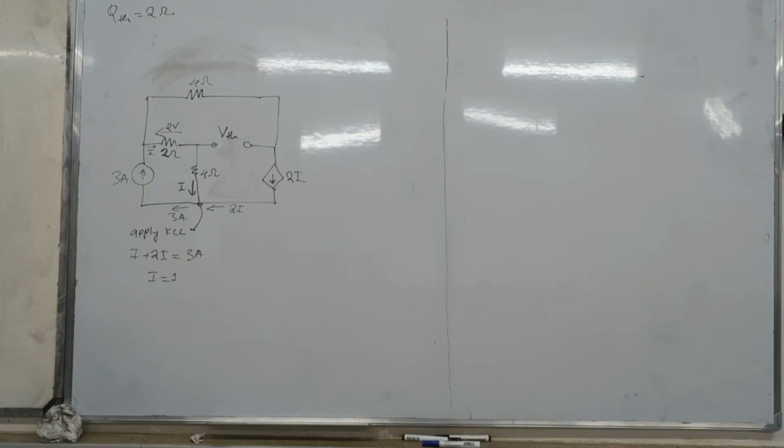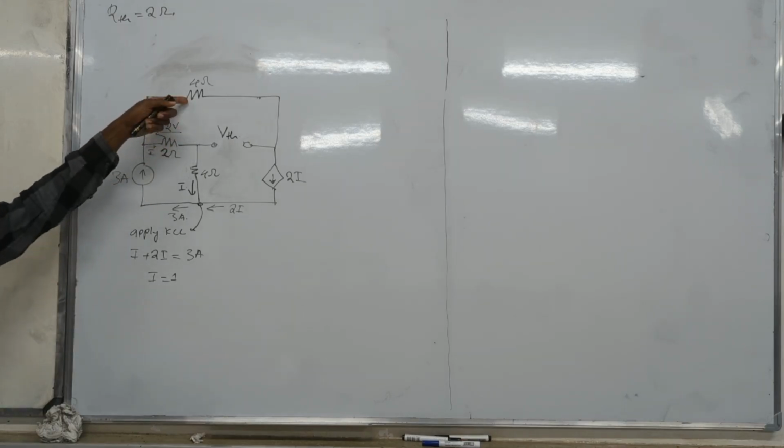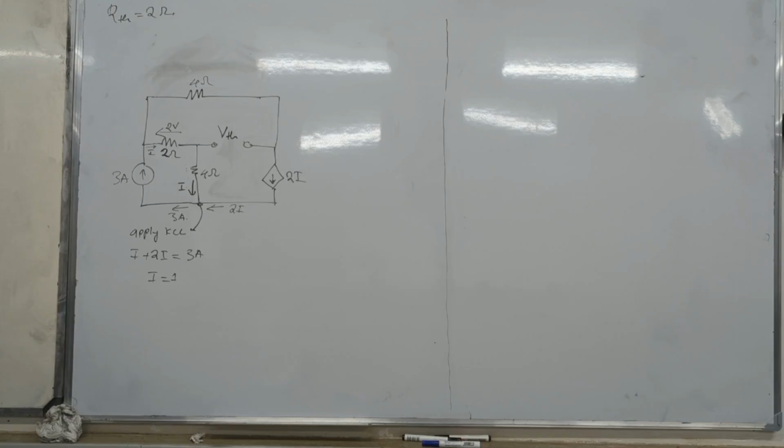Through 4 ohms. So yes, what's the current which is flowing through the 4 ohms? The current which is flowing here, what's the value? It is 2I.